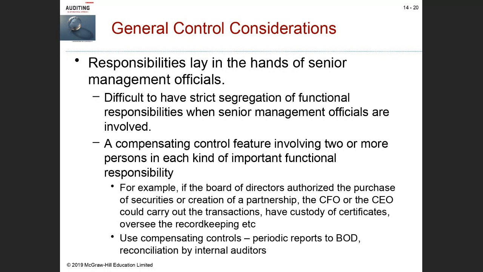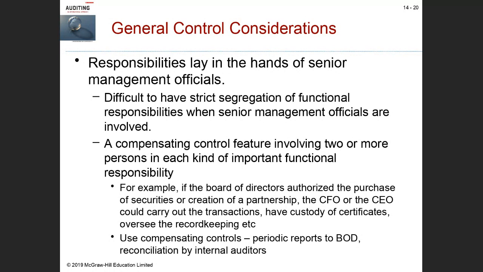So rather than the CEO and the CFO making investment decisions, it's the board, right? So the compensating control is that the board has taken control over making the investments, not the CEO and the CFO. They're just fulfilling what the board wants to do.